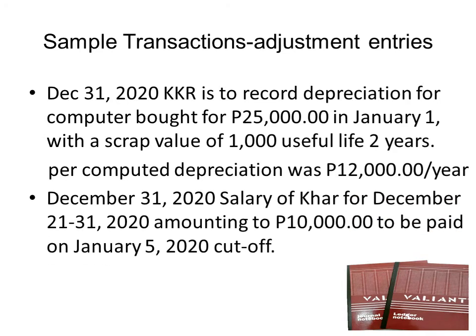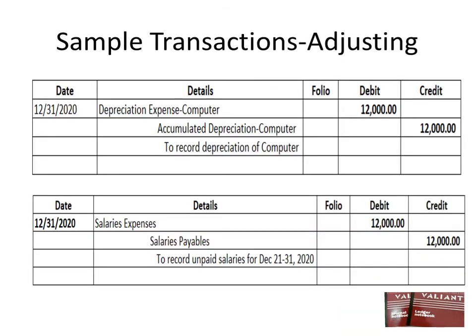Also on December 31, 2020, salary for December 21 to 31, 2020, amounting to 10,000, is to be paid on January 5 cut-off. Our entry would be debit depreciation expense computer 12,000, credit accumulated depreciation computer 12,000, to record depreciation. For this one there's no payable and no cash transaction. And then for the salaries, we have salaries expense 12,000 and salaries payable 12,000.